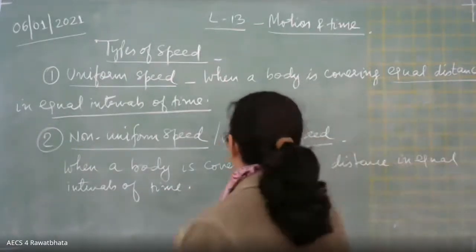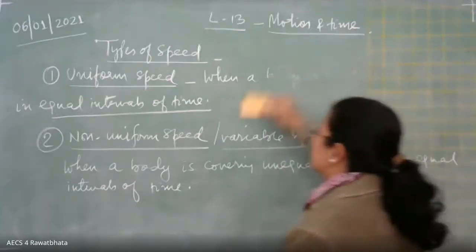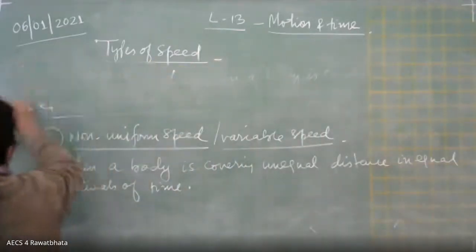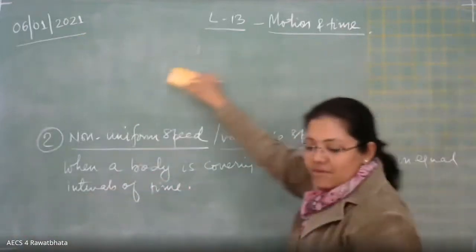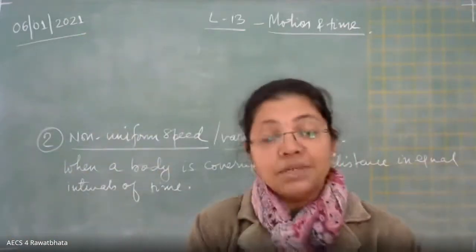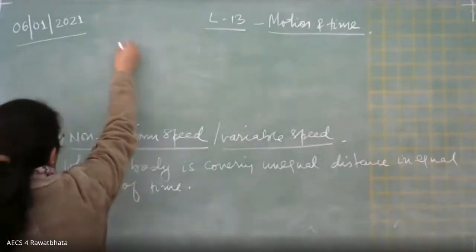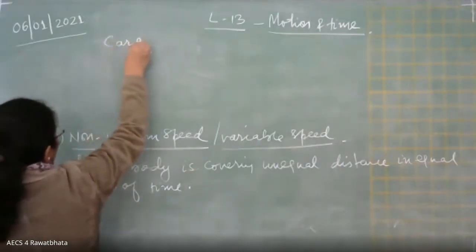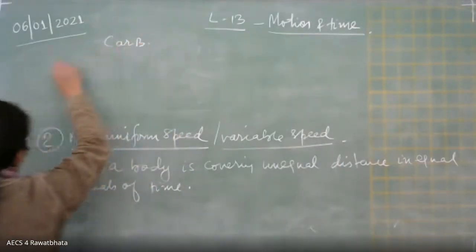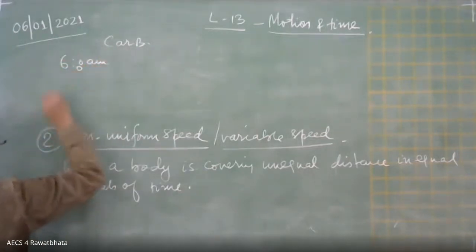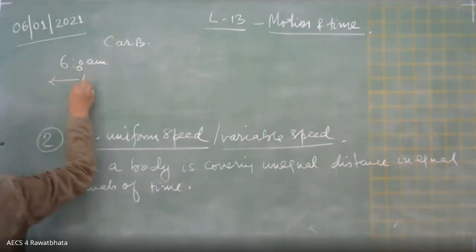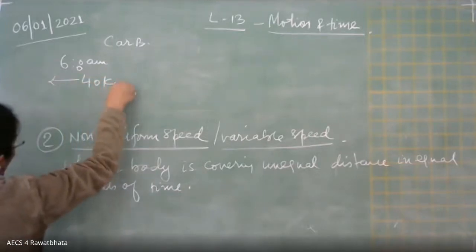Let's take one example to make it more clear. So again we are having one car, and this time it is car B. Okay, we are having car B. So this car B started at 6 a.m. and it started with covering 40 kilometers.